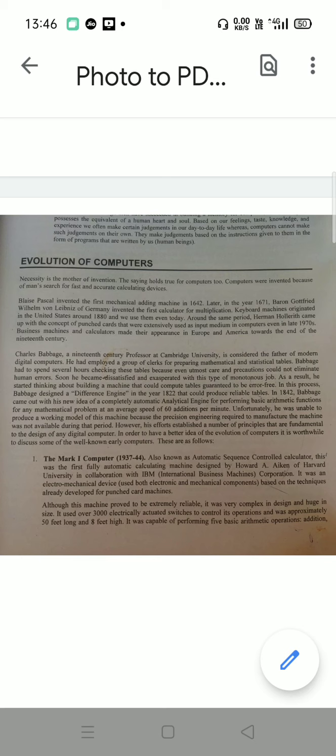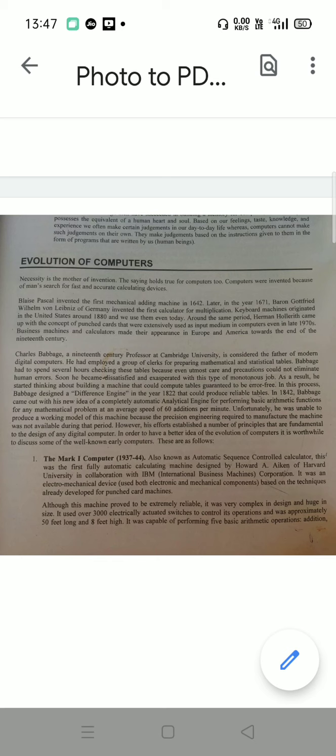He spent a lot of time checking these tables because even utmost care and precautions could not eliminate human error. Then he designed a difference engine in 1822 that produced reliable tables.